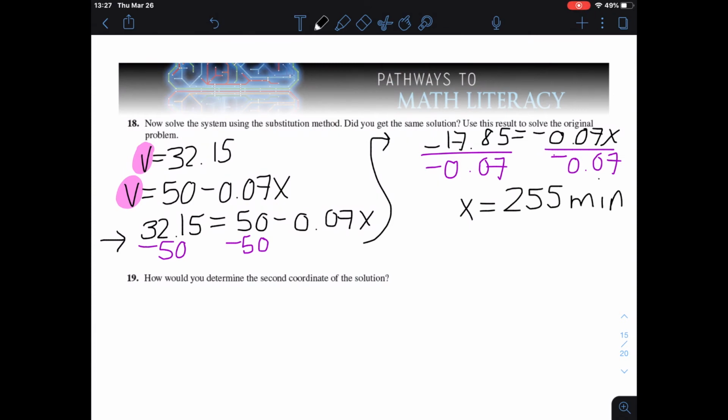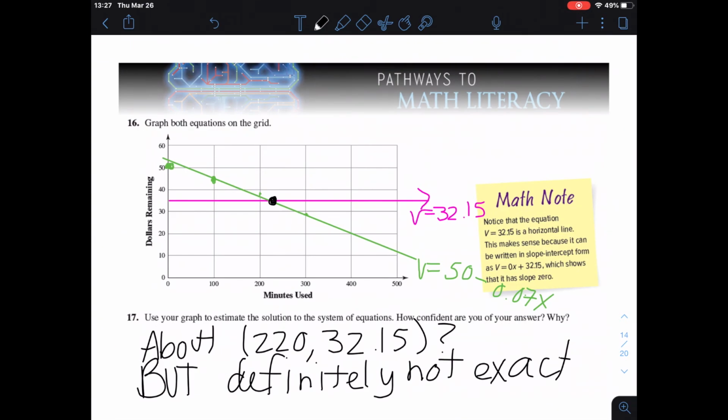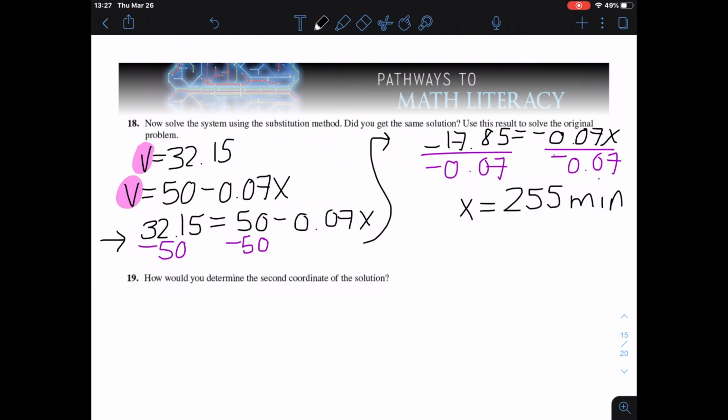So he used 255 minutes, and you can see we were way off. Our graph was not perfect because we had to estimate where things were, so our estimate is very off.